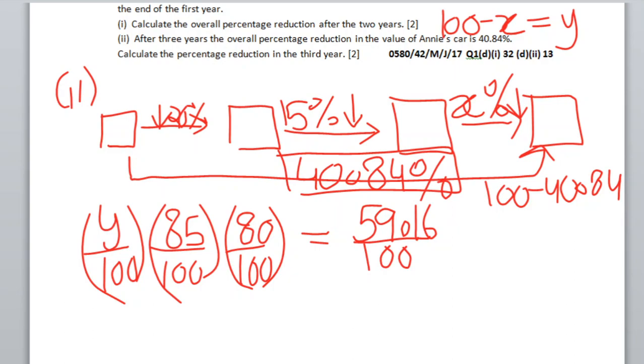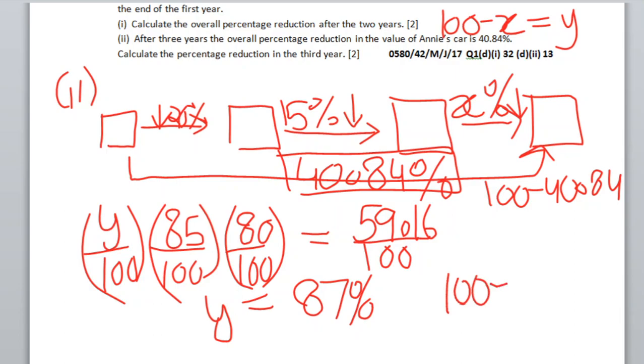Find Y using cross multiply and divide, and you will get 87%. This is the percentage left. So what is the overall percentage reduction? That will be 100 minus 87, which gives us 13%.